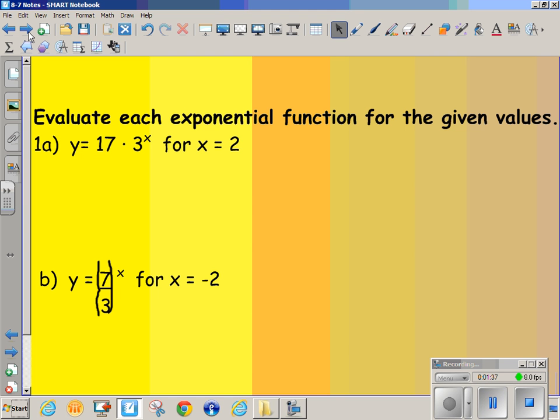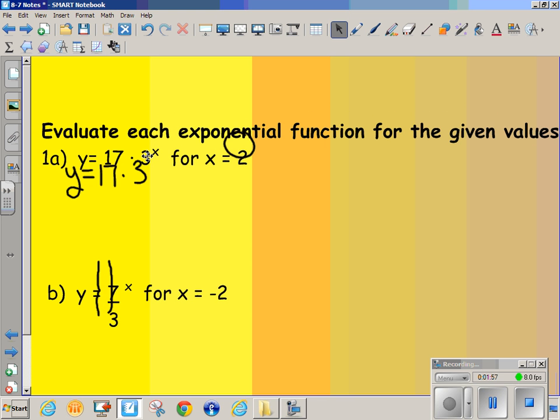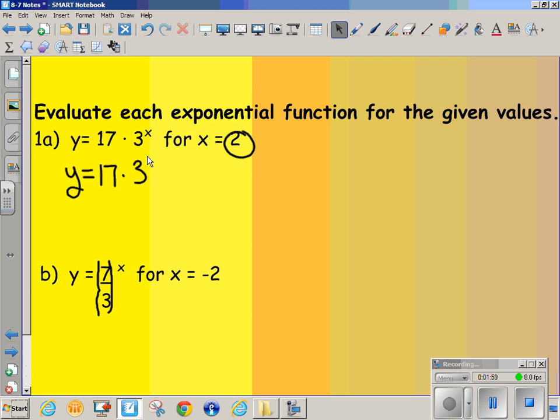To evaluate an exponential function, we are simply going to substitute in the value of, in this case, x, that's our exponent, for whatever is given. So it's very simple to simplify. We're just going to simply substitute in the 2 for x.